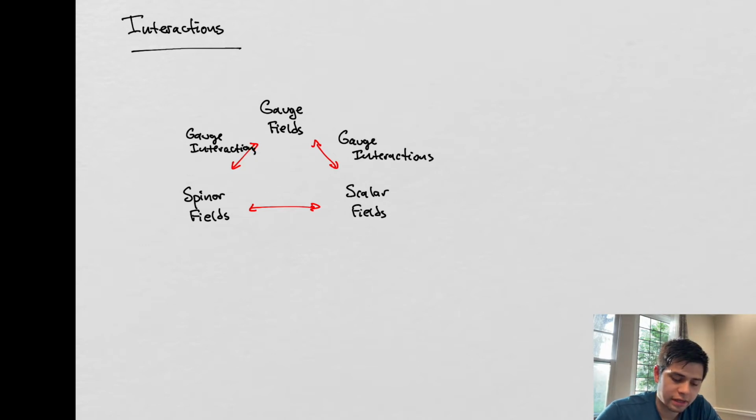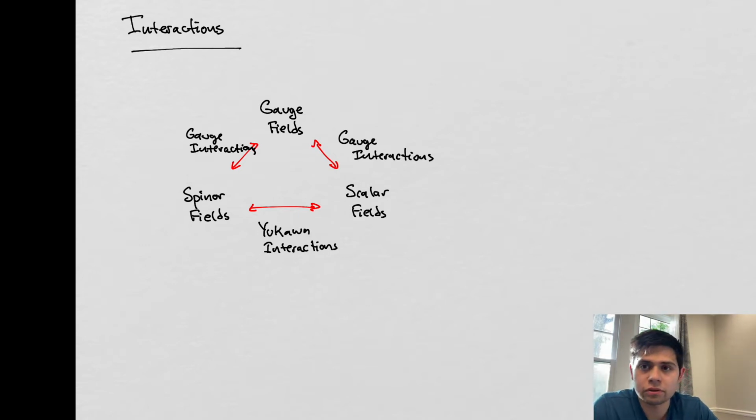And between scalar fields and spinor fields, we're going to have Yukawa interactions. And this is sort of the map of what we're going to cover in this chapter.